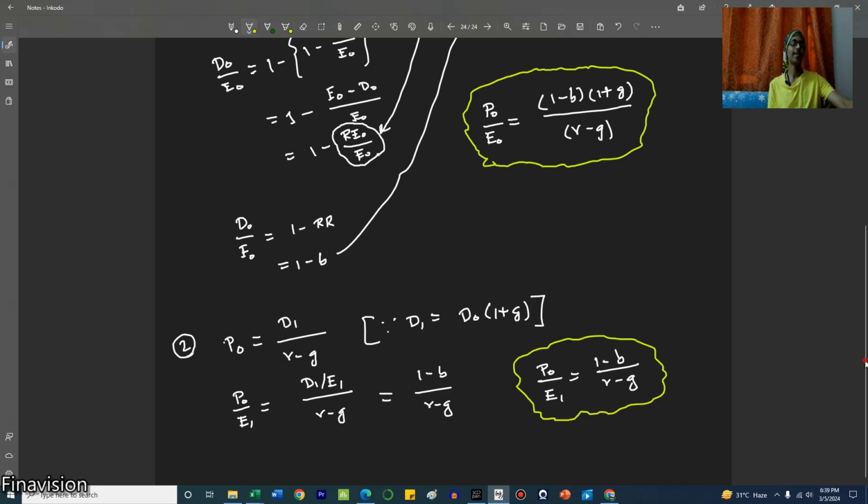Let's take a few examples of this. Let's say the forward earnings of a company is $115 and current earnings is $96. We have to find out what is the forward looking PE.